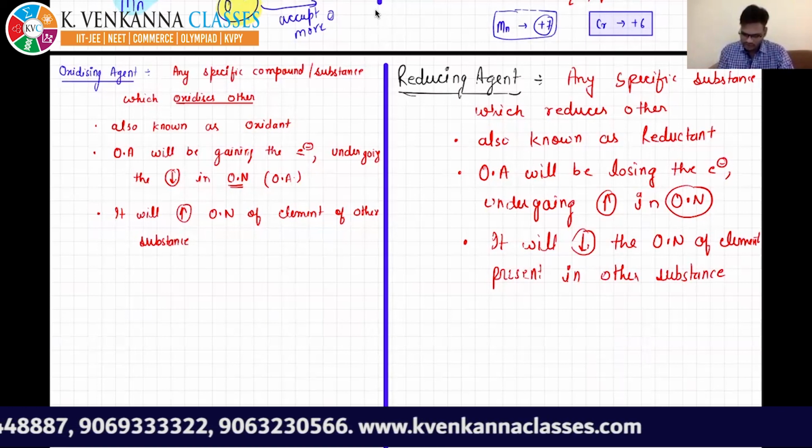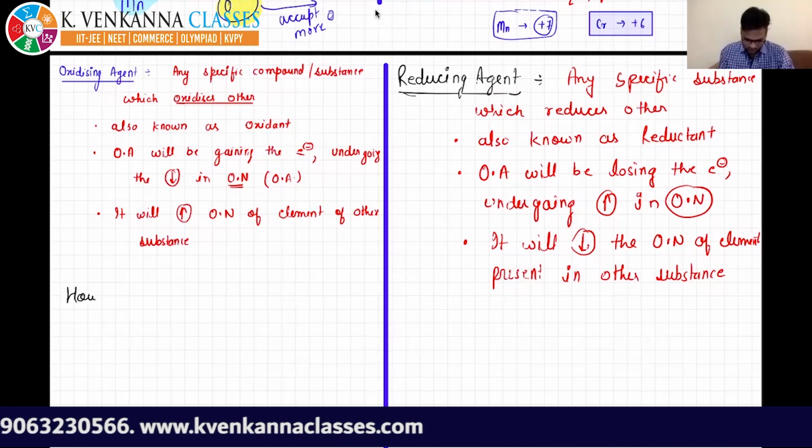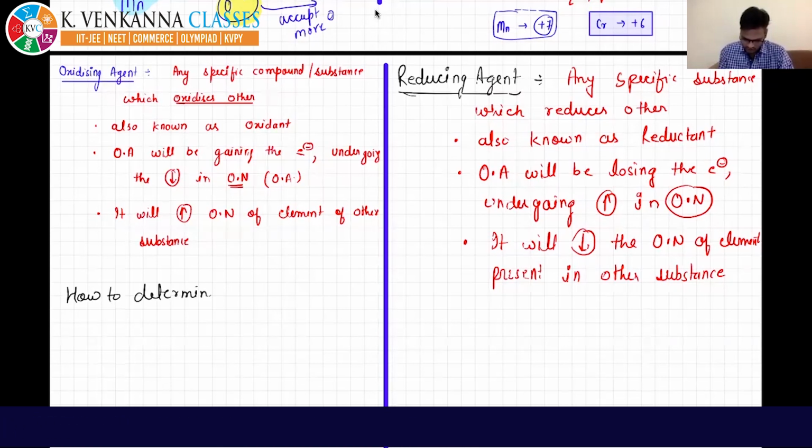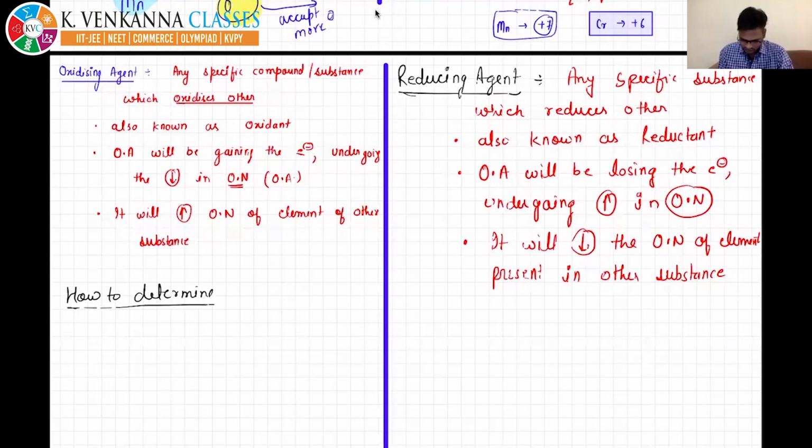I am writing here how to. Very important, beta. You need to study and learn these things. Oxidizing agent: to determine, you must know the maximum and minimum rule.